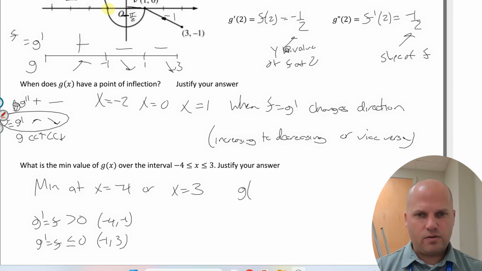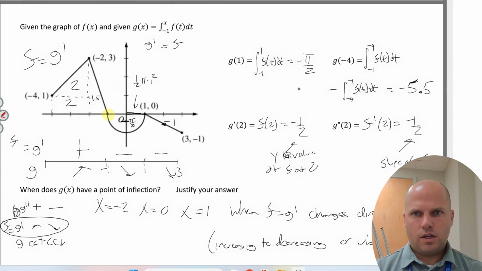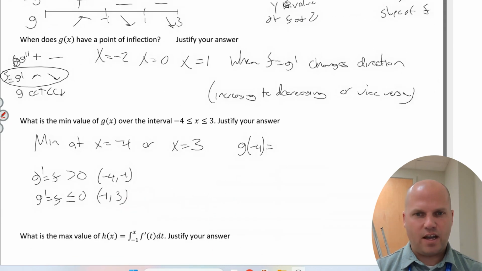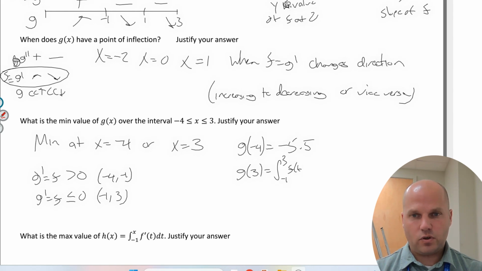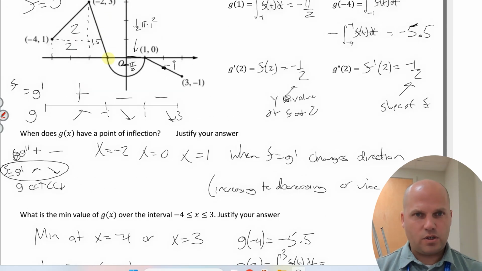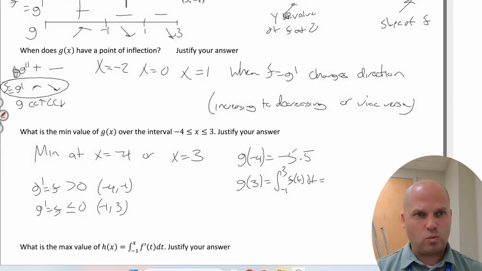Now I just need the two values, g of -4. I did find, it's -5.5. G of 3 is the accumulation from -1 to 3 of f. I have to show your work here because I haven't done it yet. And from -1 to 3, I do minus pi over 2 minus 1. Ooh, which one is bigger?